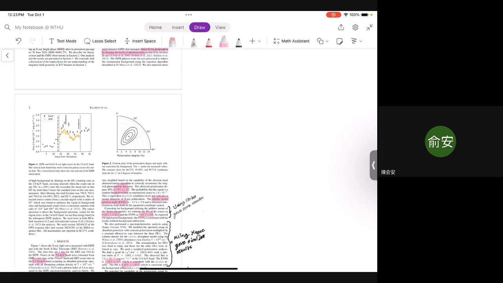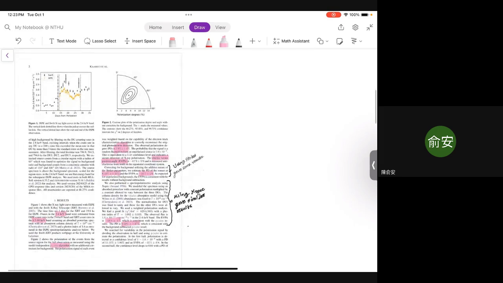So this paper proves that those emissions are also polarized in some percentage. Okay.